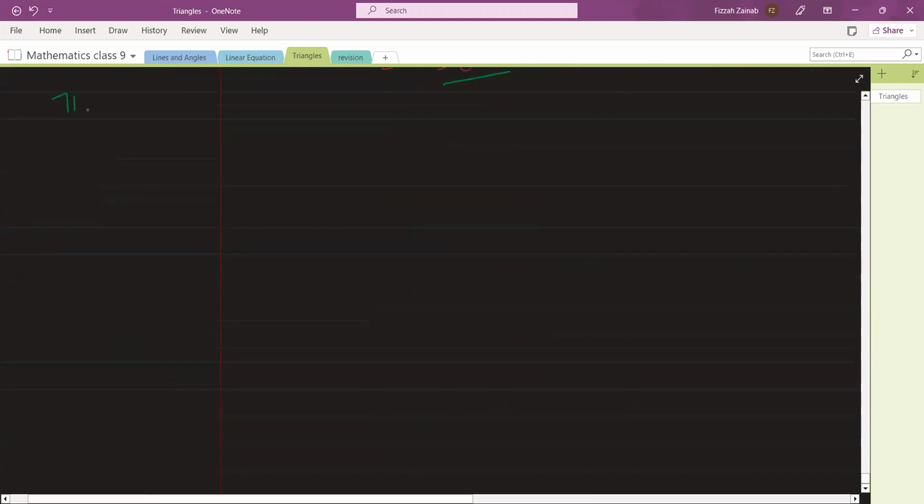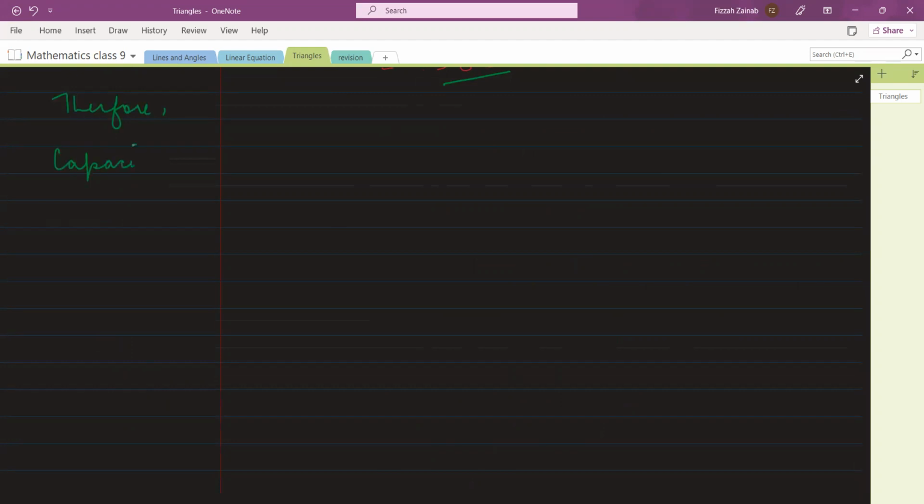So therefore, capacity of plastic cylinder is greater than the capacity of tin can, right?